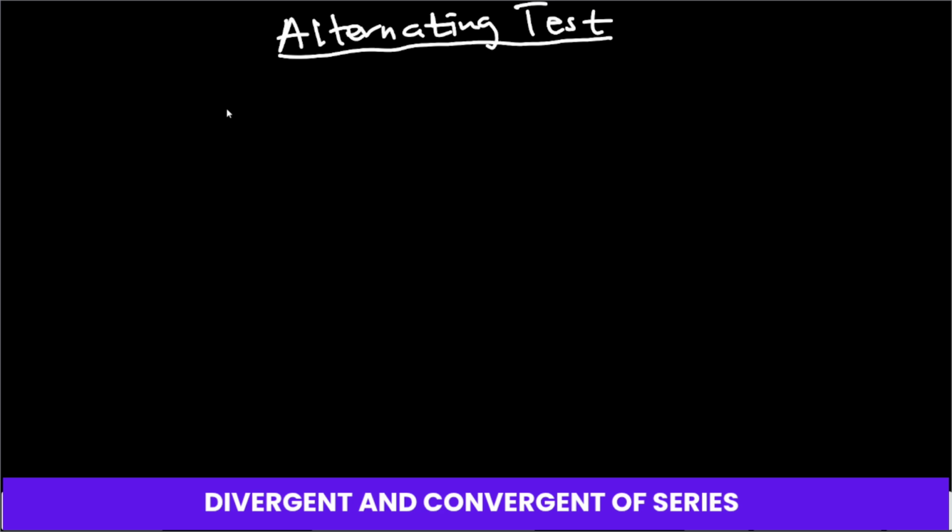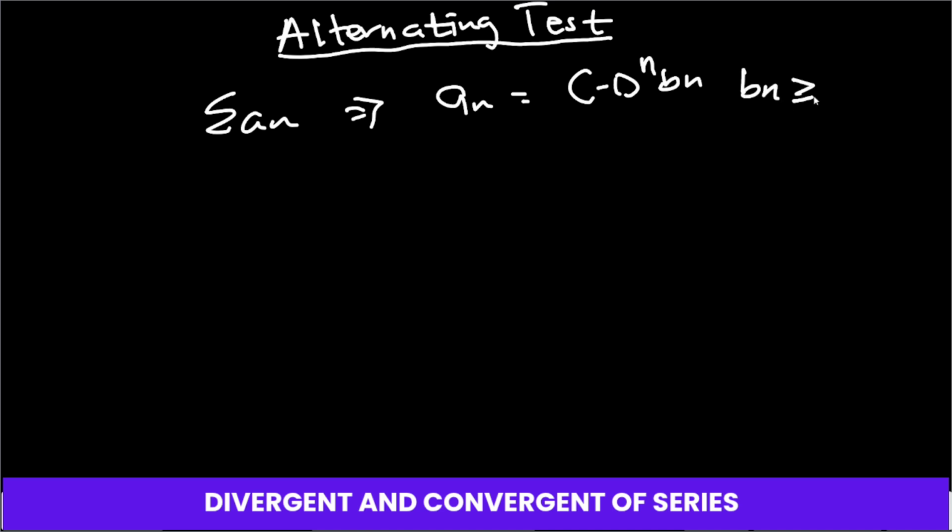So we have a series, the summation of an, and we are saying that this particular series is an alternating series when an is written in this form: an equals minus 1 exponent n of bn, where bn is greater than or equal to 0.